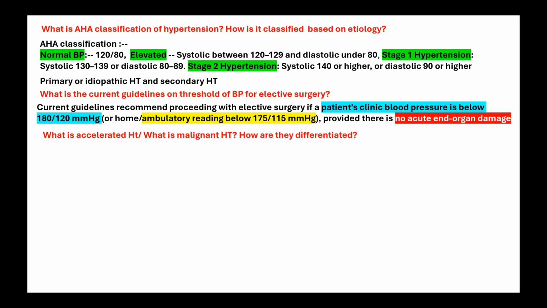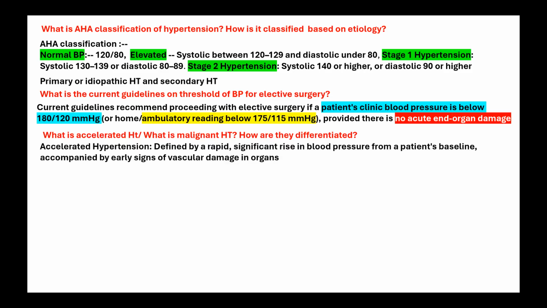Because in both, the patient's BP rapidly increases from the original baseline BP. That is the definition of accelerated or malignant. The patient who was having a BP earlier of 130/80, suddenly if the BP goes up to 220/120, that may be accelerated or malignant hypertension.